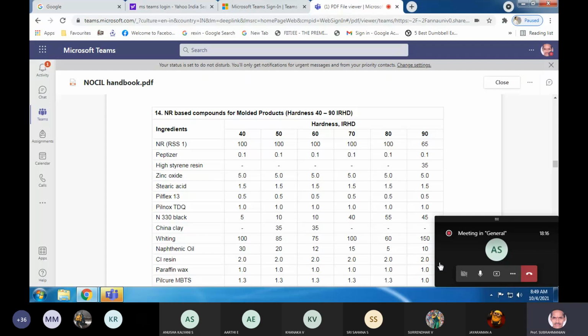And next comes the extending filler, China clay. So you have a hard clay and a soft clay. Hard clay, its effect on the rubber is much more intense. Soft clay just remains as a filler. It does not have any reinforcement. And in clay also, you have certain modifications, to make the filler be accepted by the rubber.